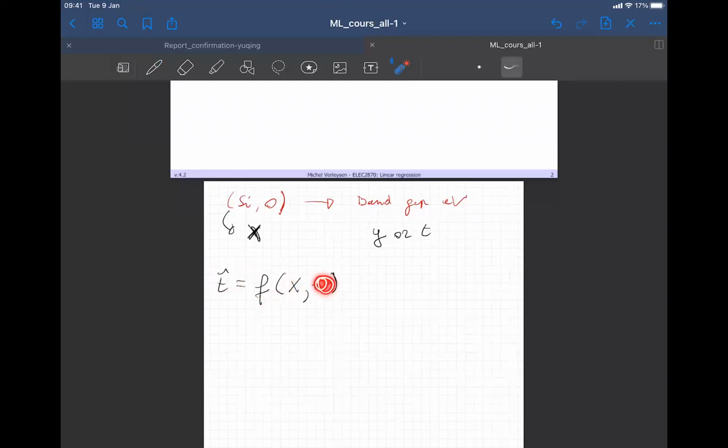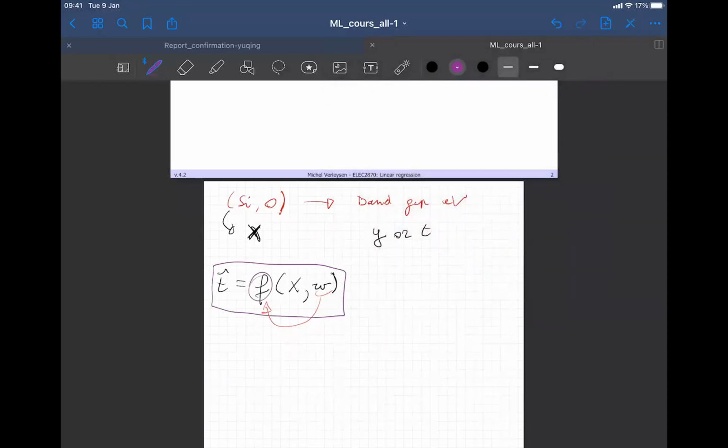And W are the weights of the model. This is something that defines what your model is. When you train, you adapt the weights so that this function f tends to be the best possible. This is the purpose of learning: you want to make this function f.